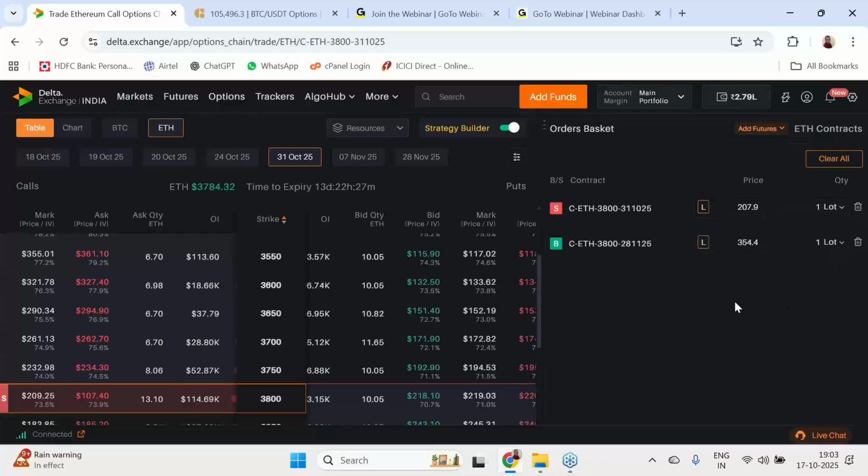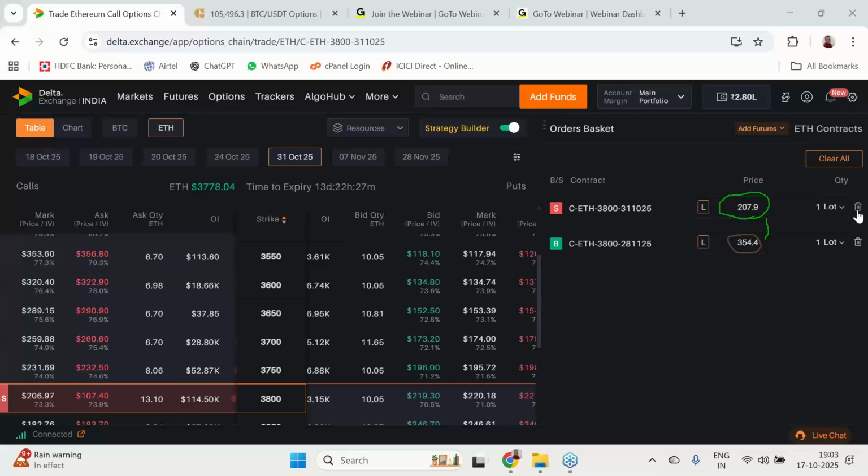Then this is known as your debit calendar spread. Debit calendar spread means for buying we are spending 354 or 355 US dollars, and we are receiving 207.